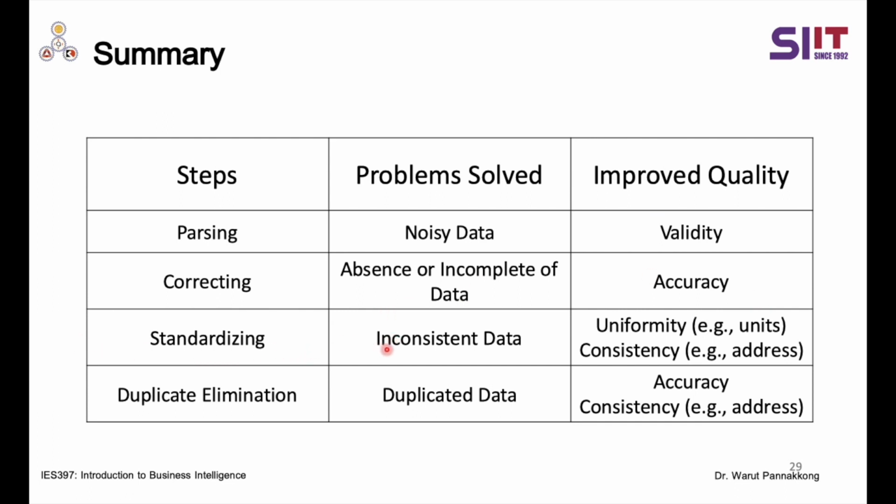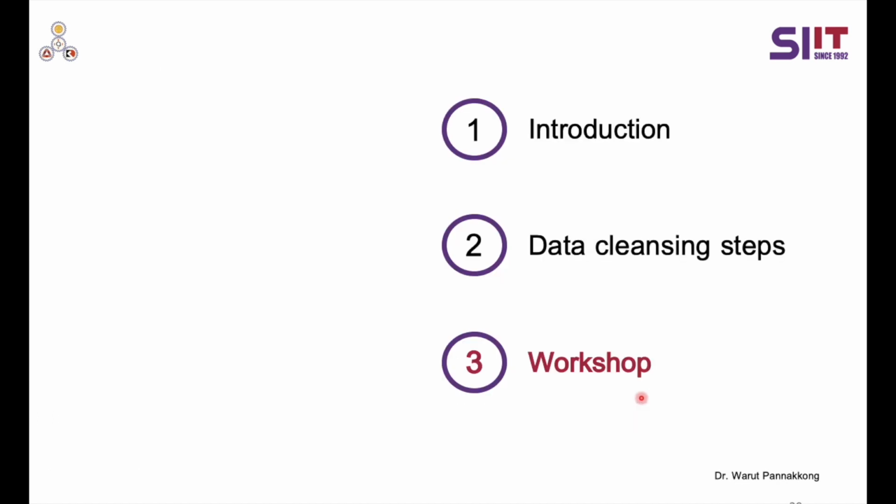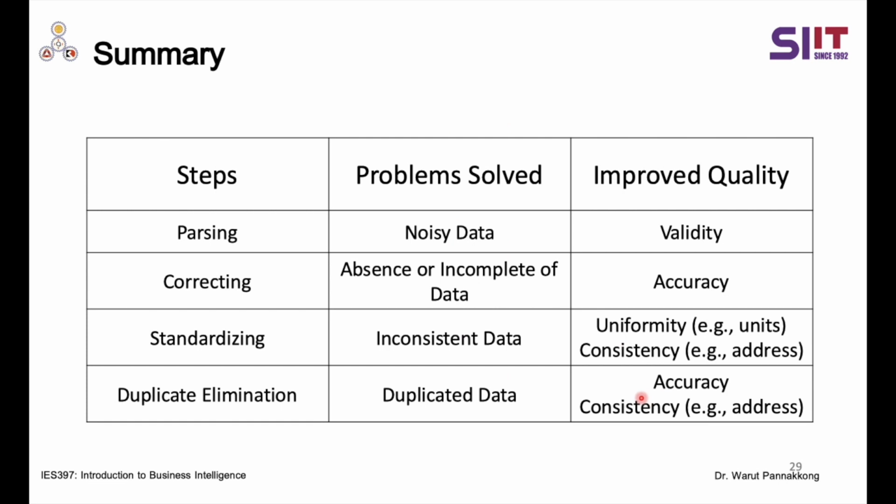Standardizing will solve inconsistent data and result in uniformity of units and consistency of the same data record. Duplicate elimination will solve duplicated data and result in accuracy and consistency as well. Okay, so that's it for the steps, and next would be the workshop part.